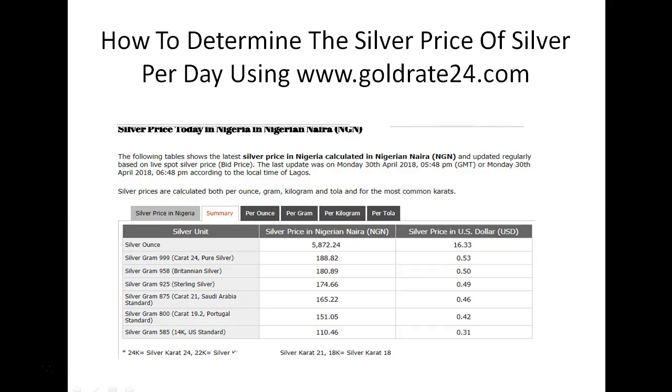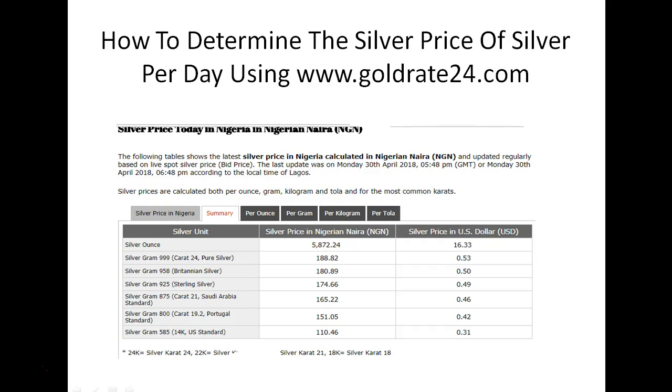First and foremost, before you even sell your silver, you should be able to determine the price, to know what the price is after the buyer melts it for you, so you know the amount you're expecting from him.